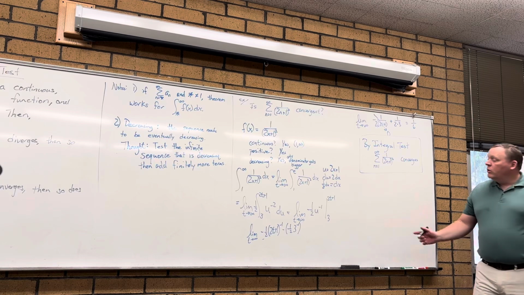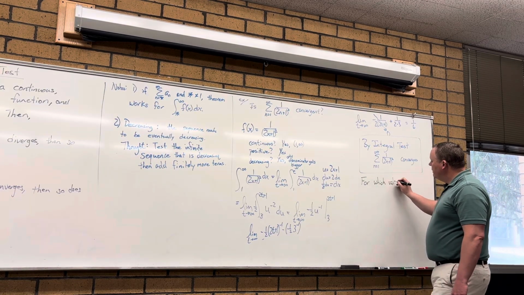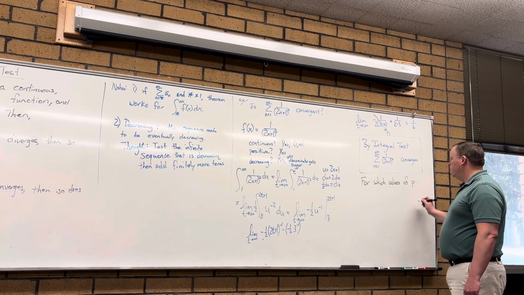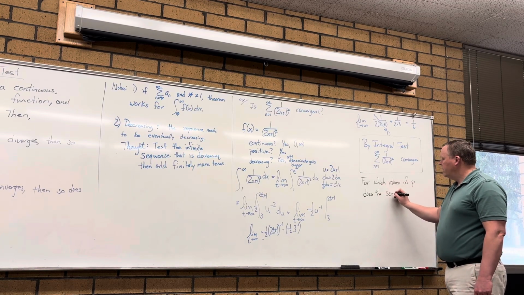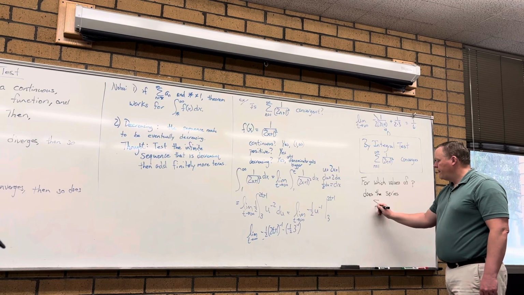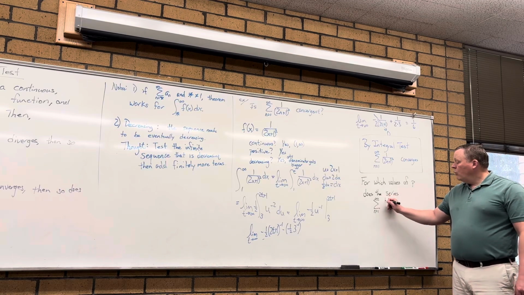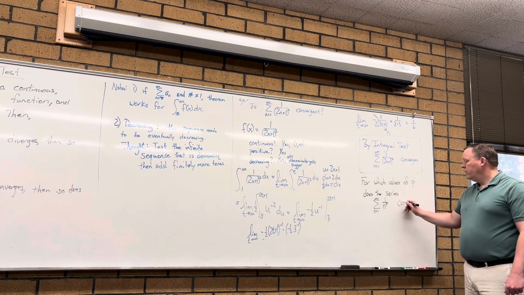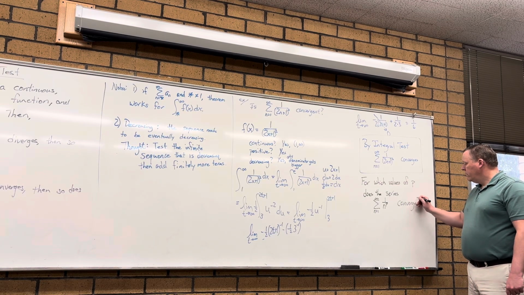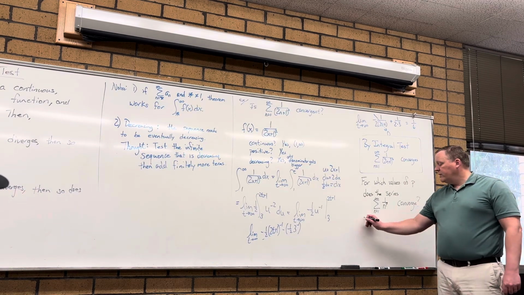The question is, for which values of p does the series from n equal 1 to infinity of 1 over n to the p power converge?